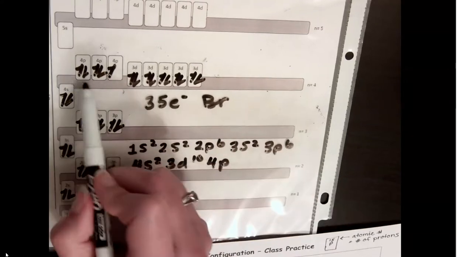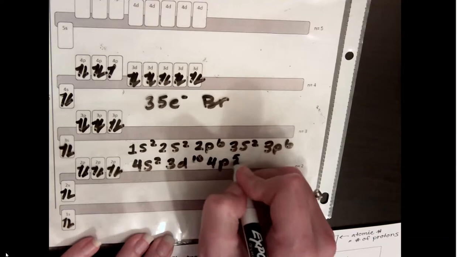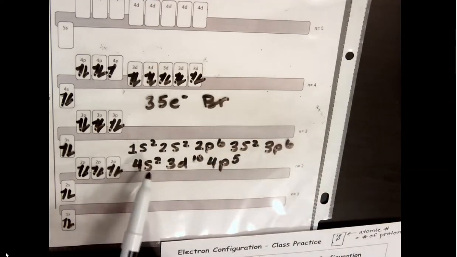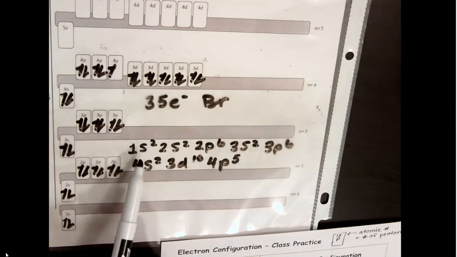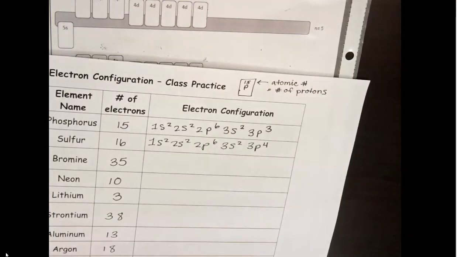How many do I have? 1, 2, 3, 4, 5. 4p5. Make sure that you do not list them in numerical order. Make sure that you list them in the order that you filled your orbitals. That's why this diagram is helpful. Okay. So let's put that on here.